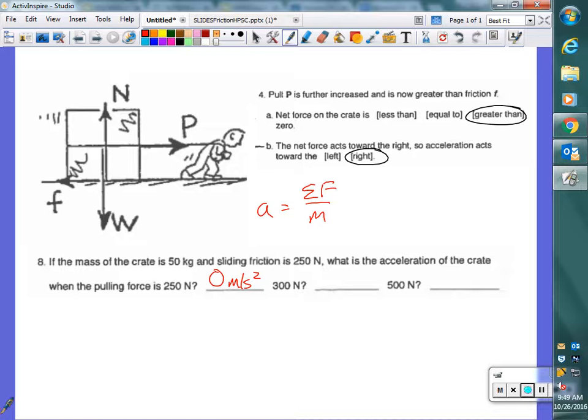But in this case, it says that P is greater than F, right? So in this case, we can change the top of that equation to look like this. Does that make sense? But what do we know about F compared to P in this problem?